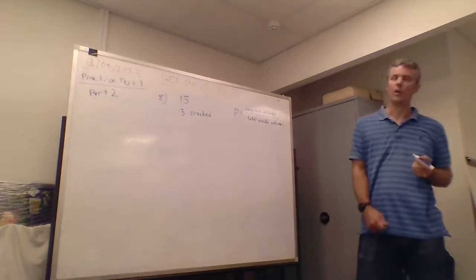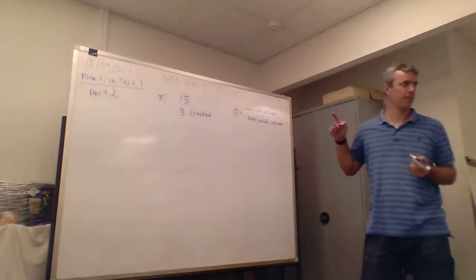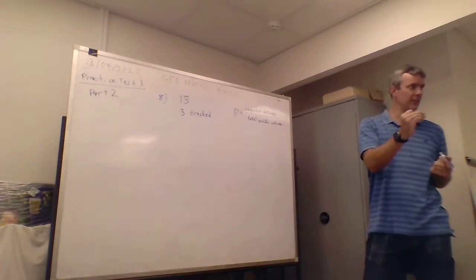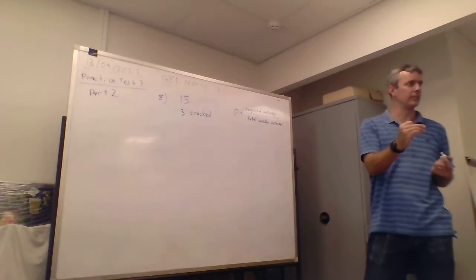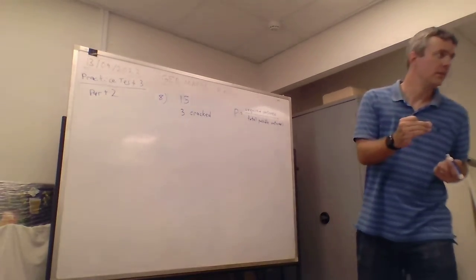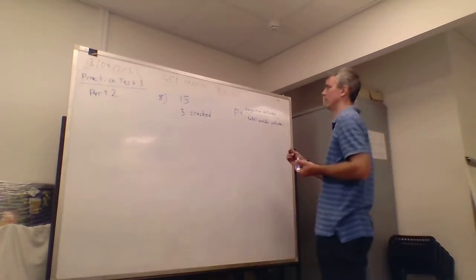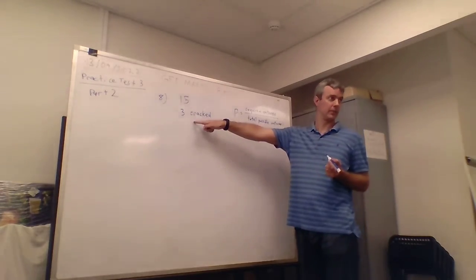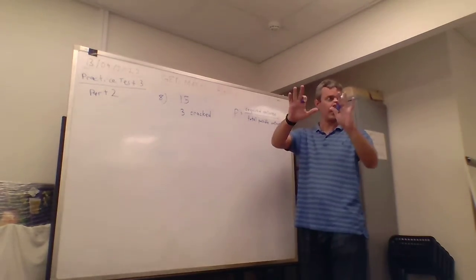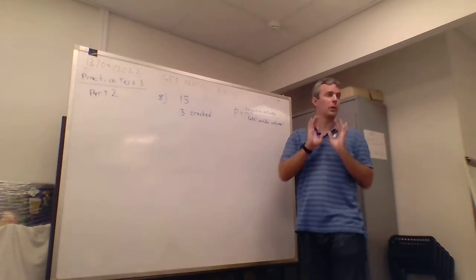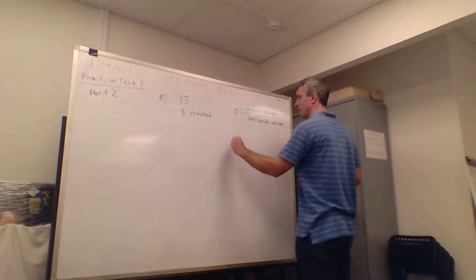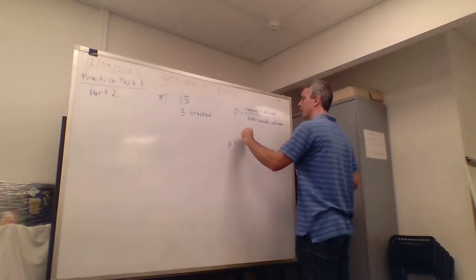So what is the required outcome? We want it cracked, right? How many cracked do we have? We have 3 cracked ones. So when it hits, there are 3 of them that are the ones we want. Okay? So that means we have 3 on top.